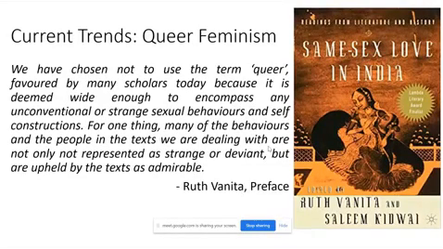So she says these queer identities, whether they are mythological characters or historical characters, are objects of admiration, objects of adulation, remarkable individuals. And that is why we desist from using the word queer, which implies strange or deviant.